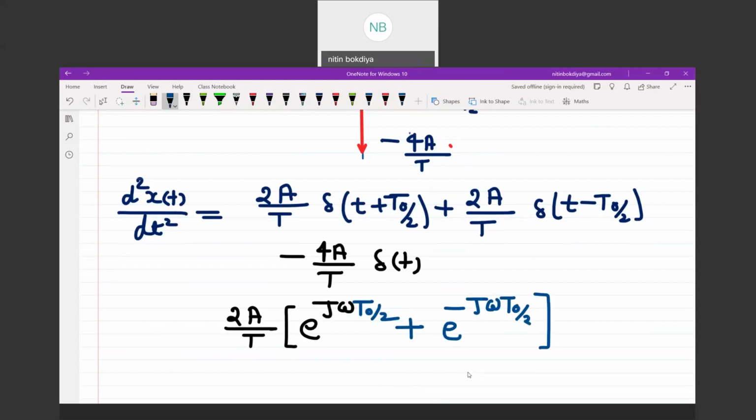And this is minus 4a divided by t, because del t has Fourier transform equivalent to 1.